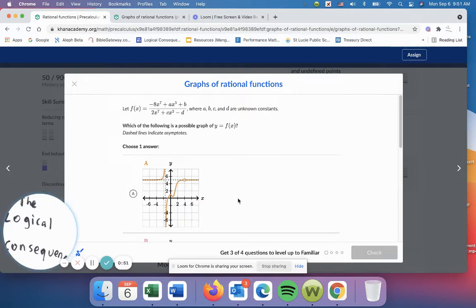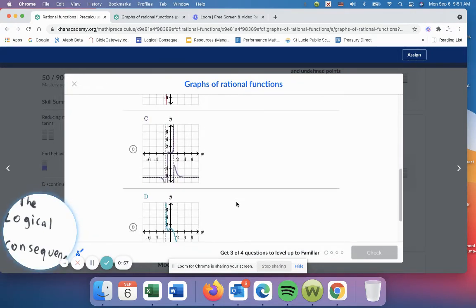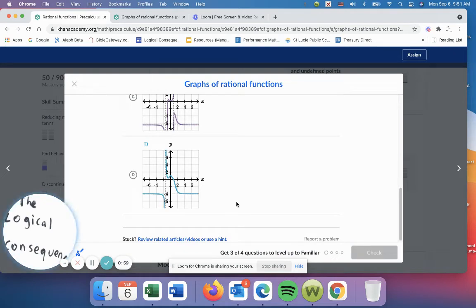So this particular concept of graphs of rational functions, I love the hints that Mr. Sal Khan has on his videos. So watch the hints. The hints are nice. It takes you directly to what you need to know, because sometimes I know the videos go roundabout and go around the world and back again on things you don't need to know.